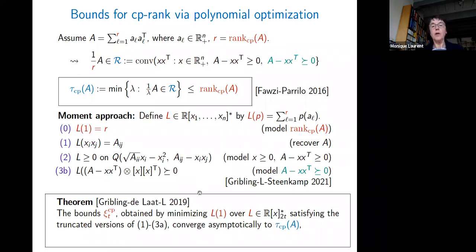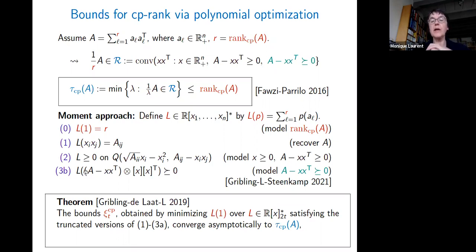So in order to get bounds, what you now do is you minimize L of 1 over all linear functionals acting on the space of polynomials truncated to a given degree. And you ask that this L satisfies the truncated analogues of these conditions.